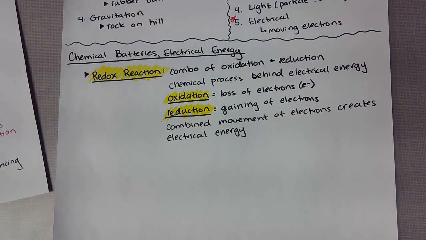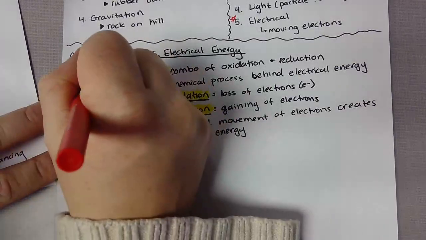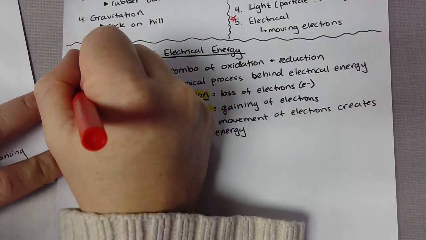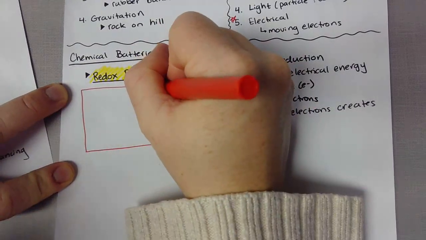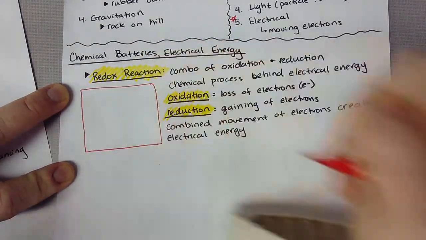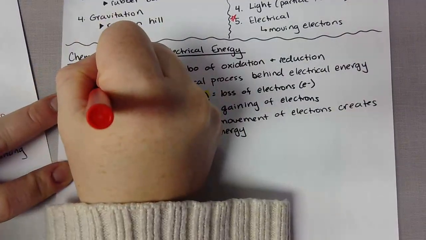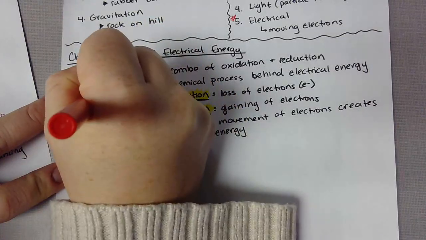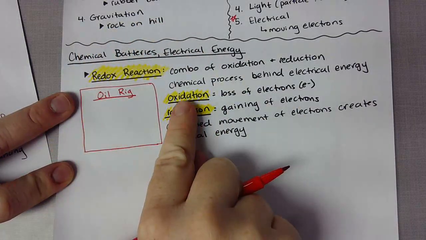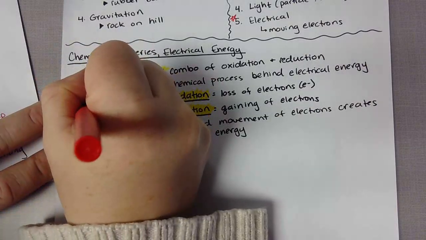A mnemonic to help you remember this vocabulary soup is the phrasing oil rig. So I'm going to take another color to adapt to my memory trick over here. Now, oil rig is a trick to remembering the difference between oxidation and reduction.